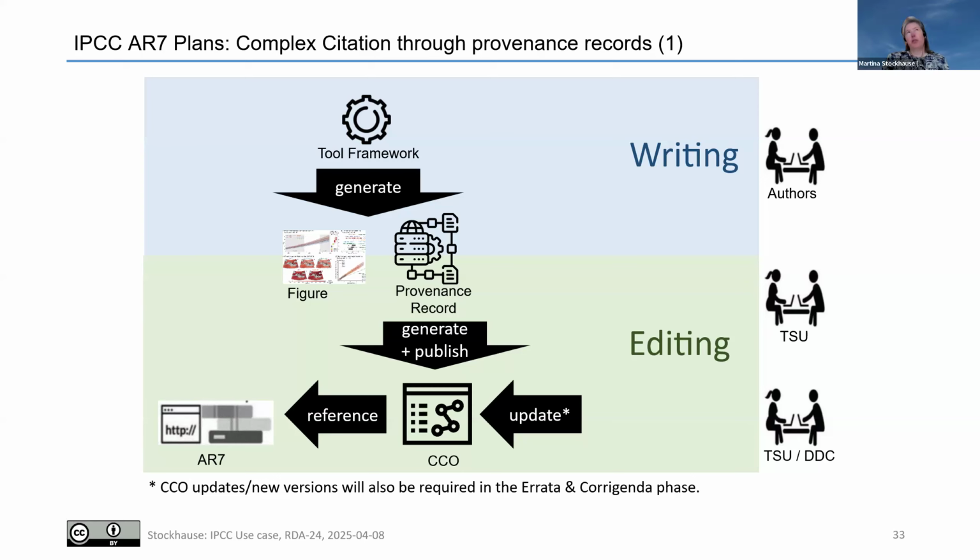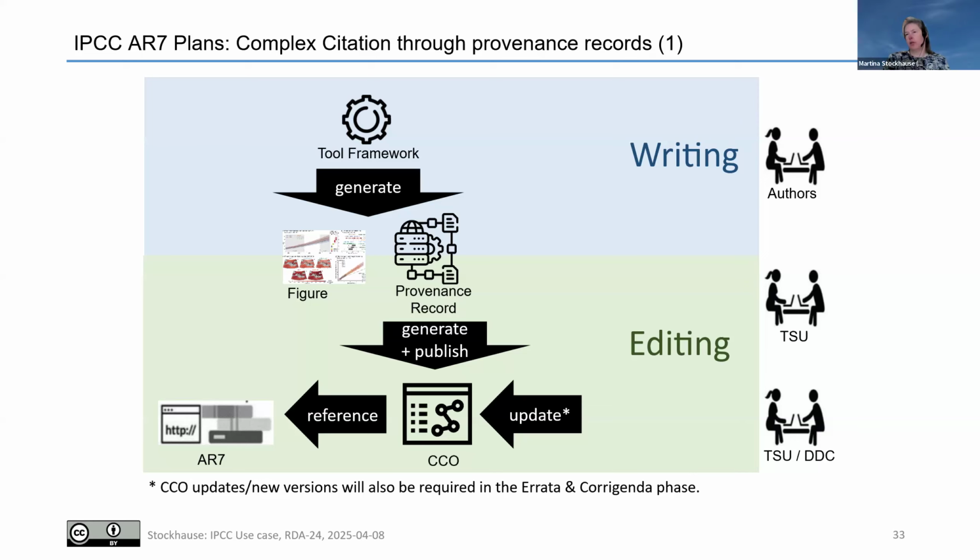There are two reasons for not trying to implement the complex citation directly into the tools. One is you need a DOI registry, and not every tool provider or tool framework developer has a DOI registration agency. Secondly, complex citation is evolving. We don't have a standard yet. And there are also reasons that the IPCC should be the owner of the complex citation object in the end, because it's part of the publication.